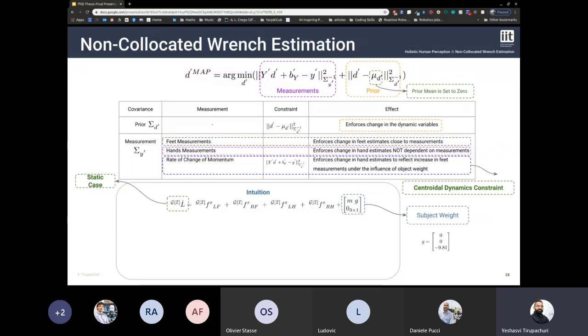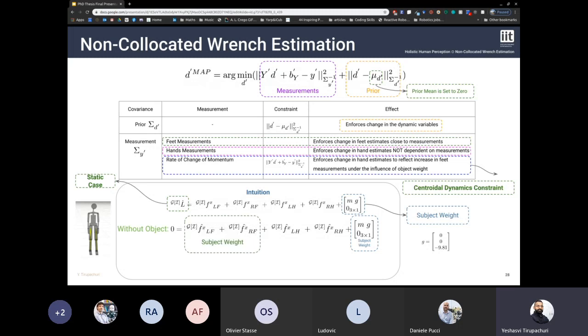In this case, the estimator has to adjust the estimates of the hand wrench according to this equation, where in case of an object without any weight, the subject weight is reflected in the force torque measurements, and the estimates of the feet are equal to the subject weight. So to balance out the equations, there are no other values to estimate for the left hand and right hand. And the estimator just puts the values of these hand estimates to be 0.